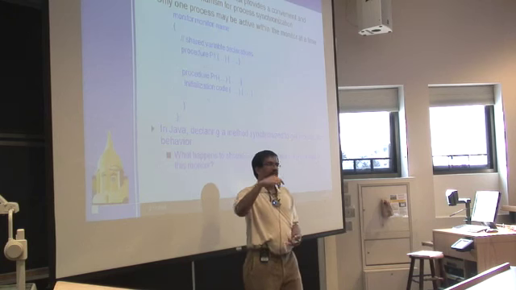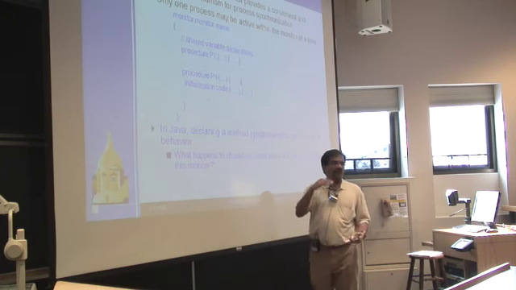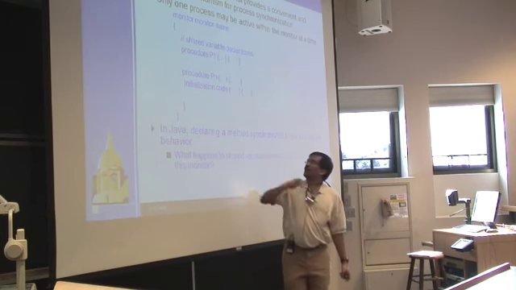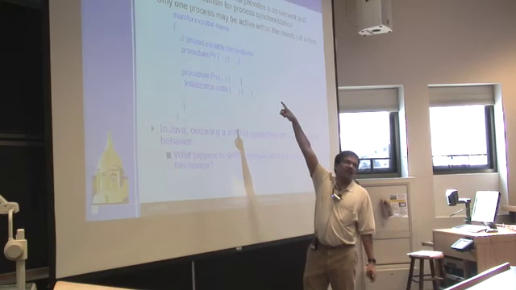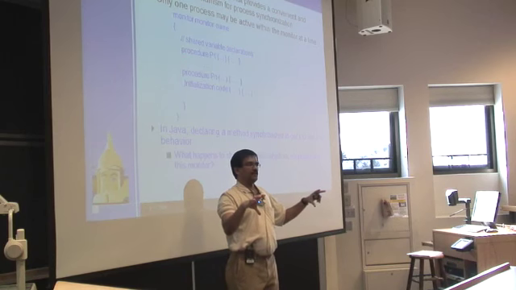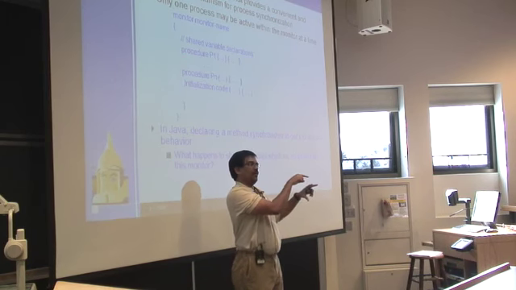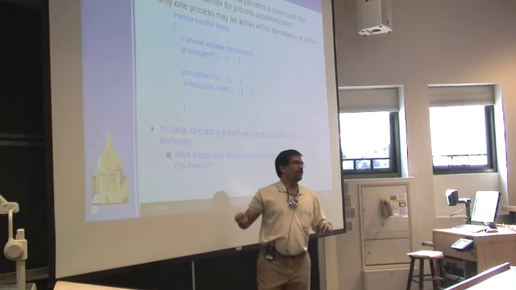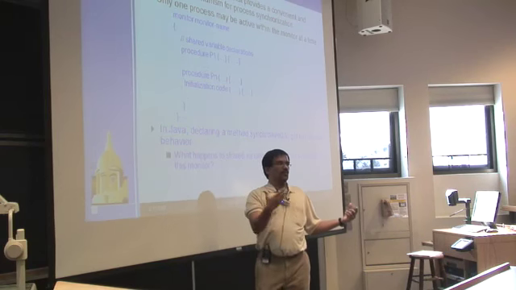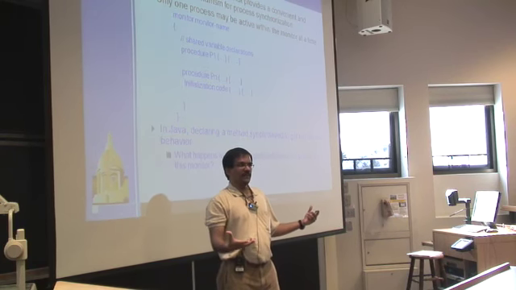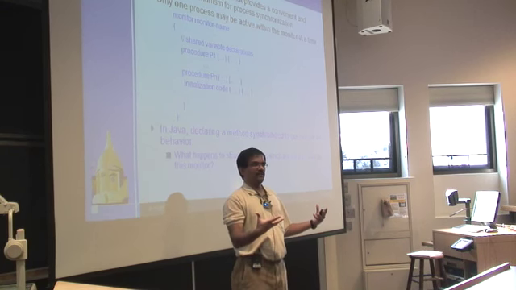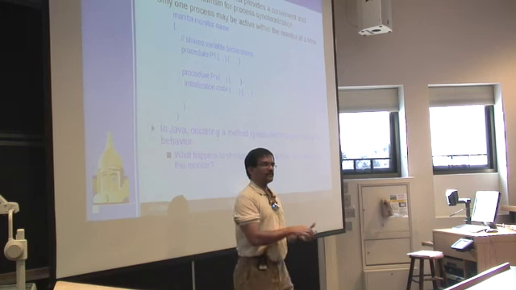So if you create two instantiations of this object, for example if monitor 1 happens to be one object, and you do object 1.p1 in one thread and object 2.p1 in another thread, they can still run concurrently. Does that make sense?